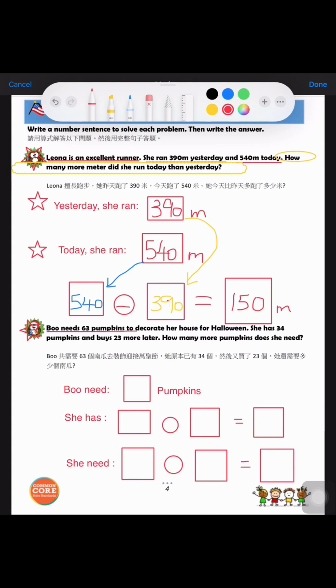Boo needs 63 pumpkins to decorate her house for Halloween. She has 34 pumpkins and buys 23 more later. How many more pumpkins does she need?